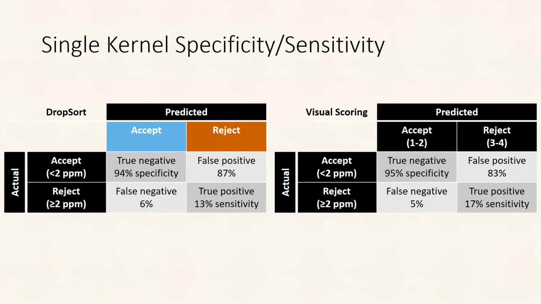However, the machine is much faster. So yeah, we had 95% specificity and 17% sensitivity. However, this does indicate that visual characteristics of the maize is important for understanding Fumonisin contamination.